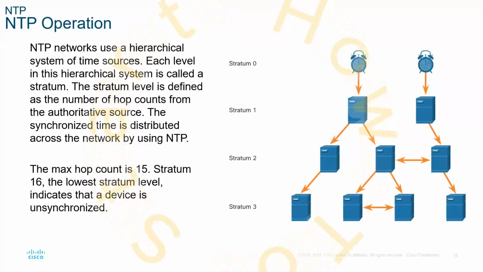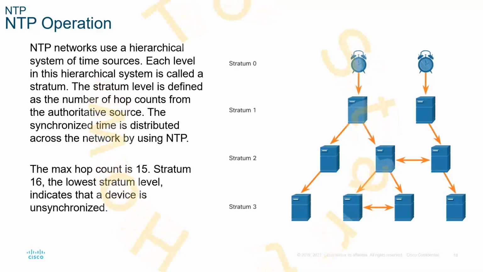So how does this work? NTP uses a hierarchy system for time resources. Each level in the hierarchy is called a stratum. The stratum level is defined as the number of hops counting from the authoritative source, and a synchronized time is distributed across the network.